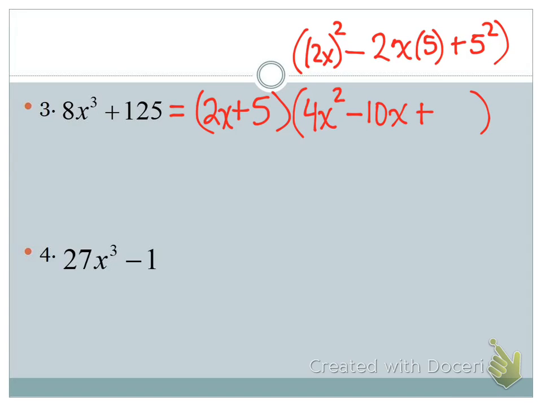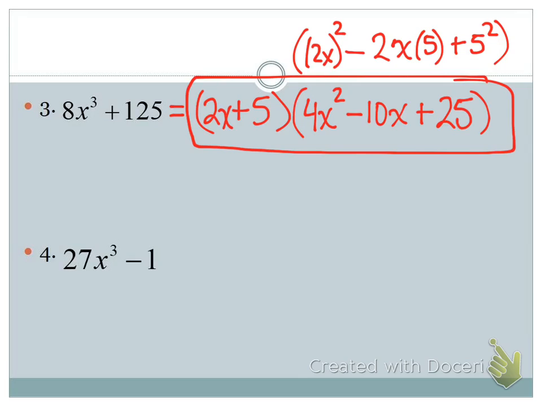And then on the back, 5 squared is 25. Questions, concerns? So this whole thing is our answer. We're ready for number 4?